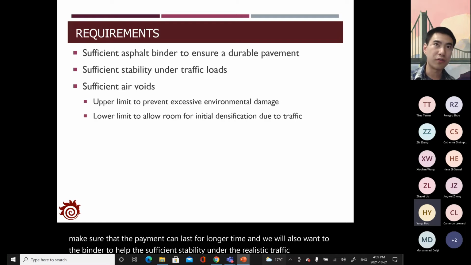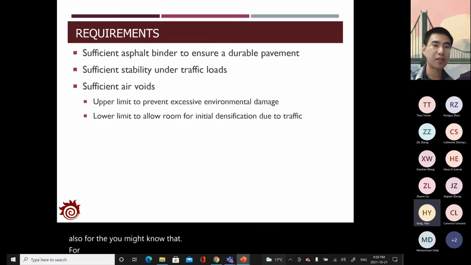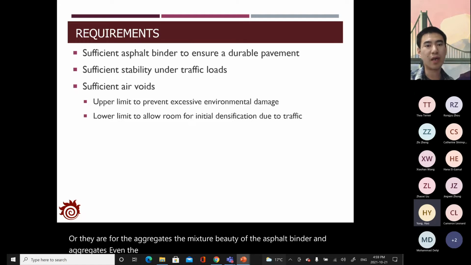And you might know that for the mixture of the asphalt binder and aggregates, even though they are mixed together, there will still be some air voids in the sample.